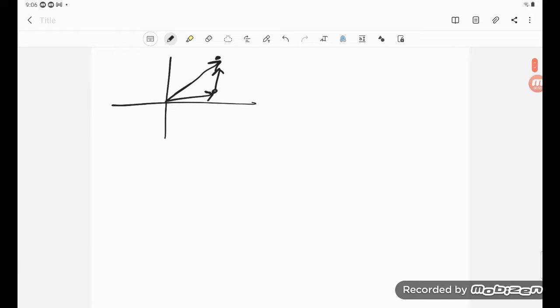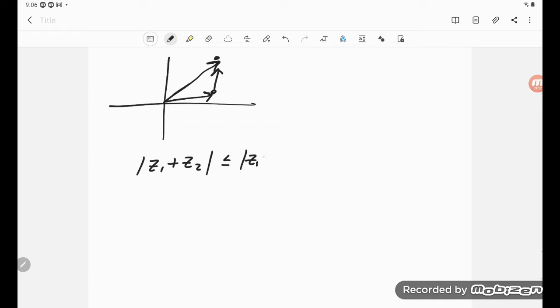Okay, so what is the triangle inequality? It just says that the absolute value of Z1 plus Z2 is less than or equal to the absolute value of Z1 plus the absolute value of Z2.